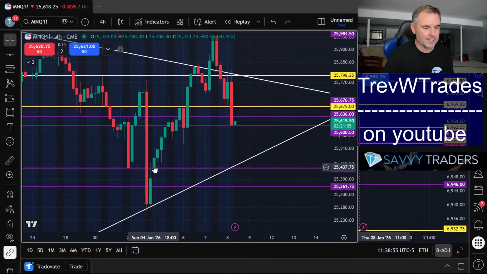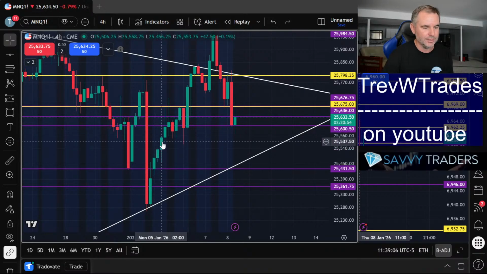Honestly, on the 4 hour time frame, there's not much here, because when we were coming up, there was no pullback. There was nowhere it struggled. It just kept grinding up. The first point of resistance is all the way up here.